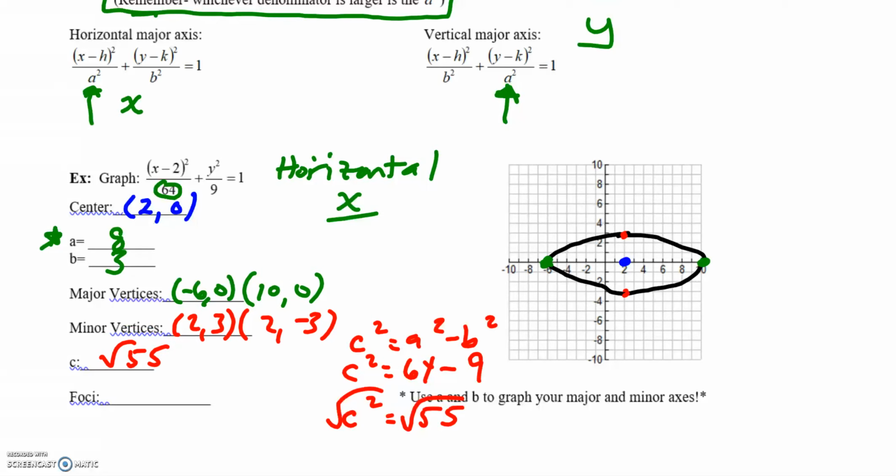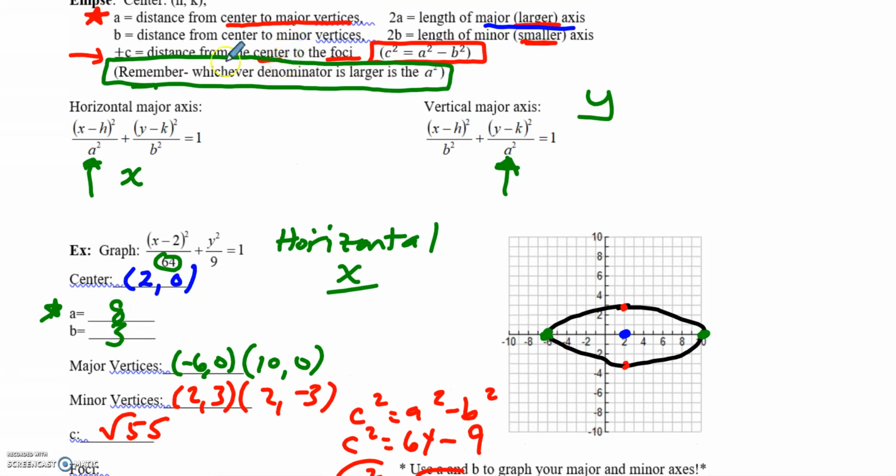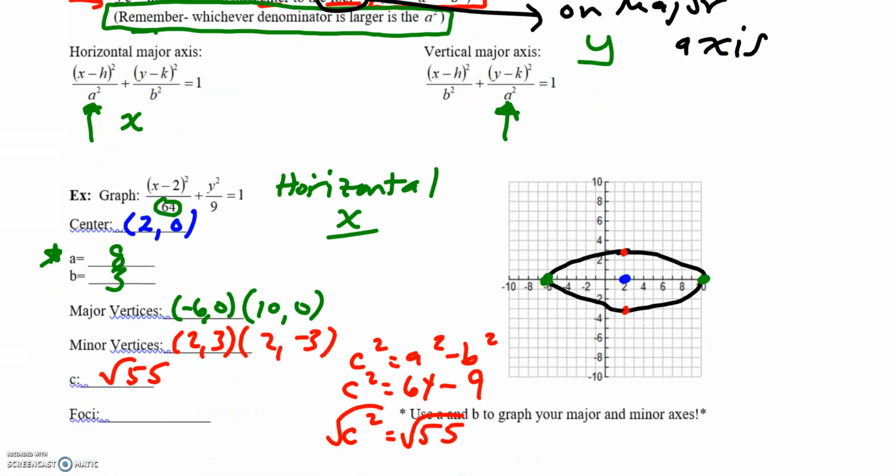Now, something you need to know about the foci is that, in order for this to be formed, they have to be on your major axis. So because my major axis is x, my foci are going to be somewhere on this major axis here.